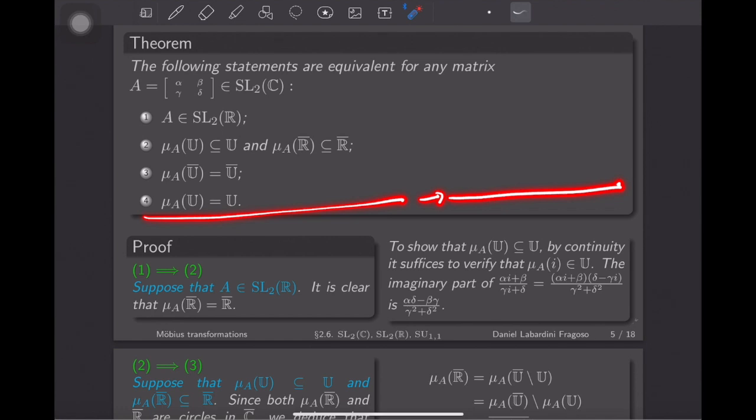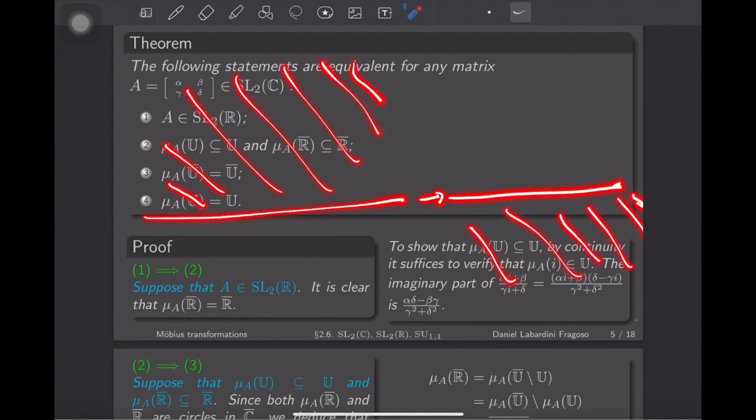So because of continuity and because it's a homeomorphism, either it sends the upper half plane to itself or to the other one. And it's enough to take a point and see where it lands.